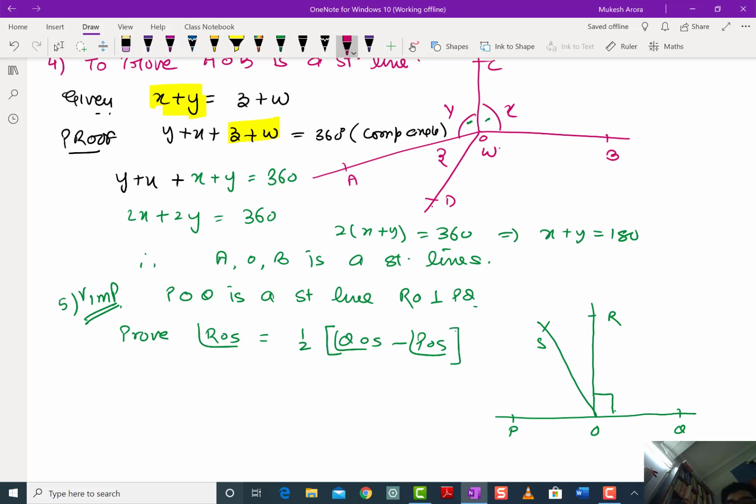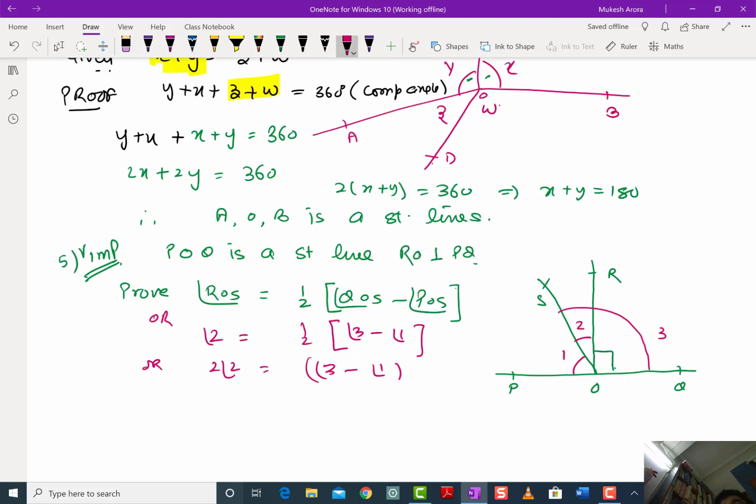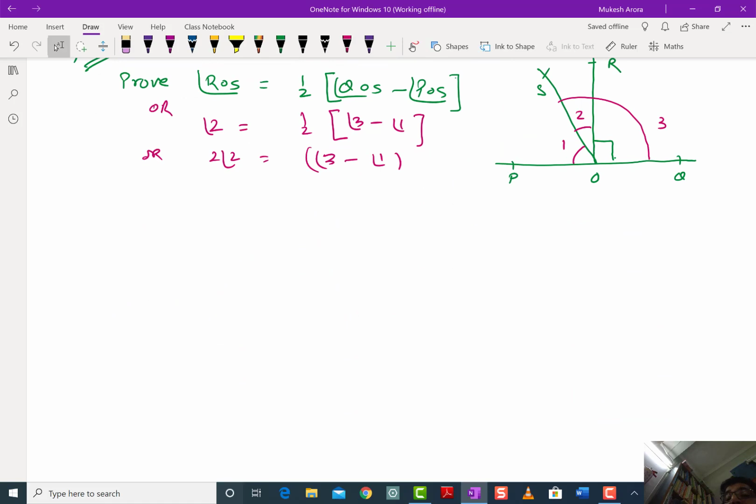Let's number it. ROS, meaning this angle, angle 2, is equal to half of angle QOS, this complete angle 3, minus angle 1. Or we can say 2 times angle 2 is equal to angle 3 minus angle 1. This we have to prove. Now we will go by the information.